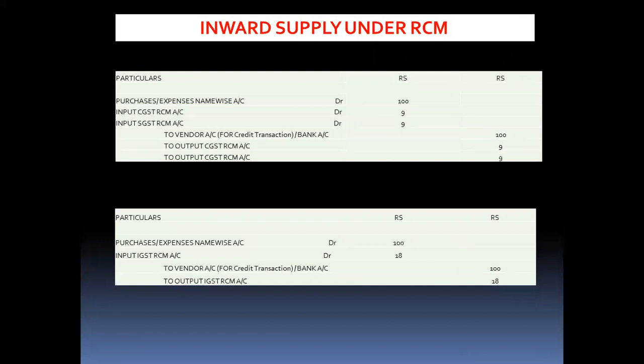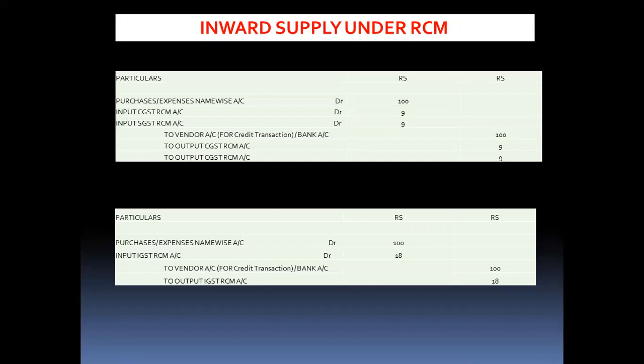Moving on to inward supply under RCM, let me repeat. In case of some specified inward supplies, the recipient is required to pay tax under RCM. ITC on RCM payment can be availed only after the payment of RCM liability.